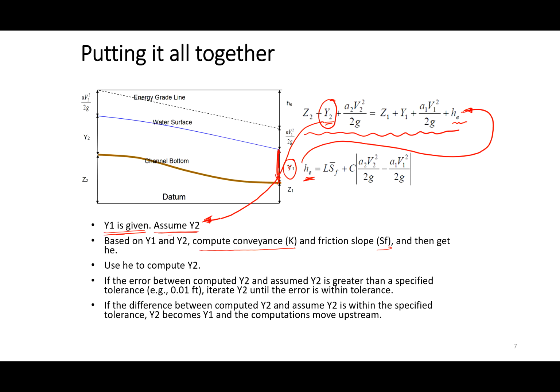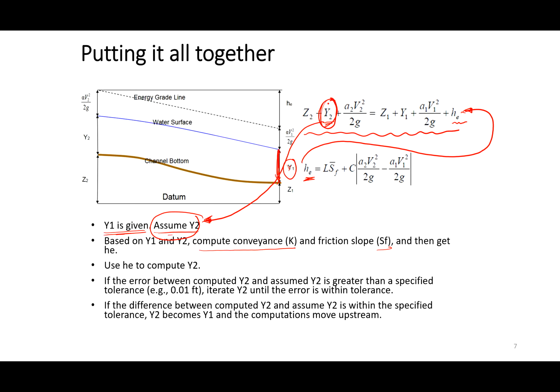Then we move on to y3, which will be upstream of y2, and so on. But if the y2 that we get is different than what we assumed, we go back and keep iterating until our assumed y2 is the same as the y2 obtained in this equation.